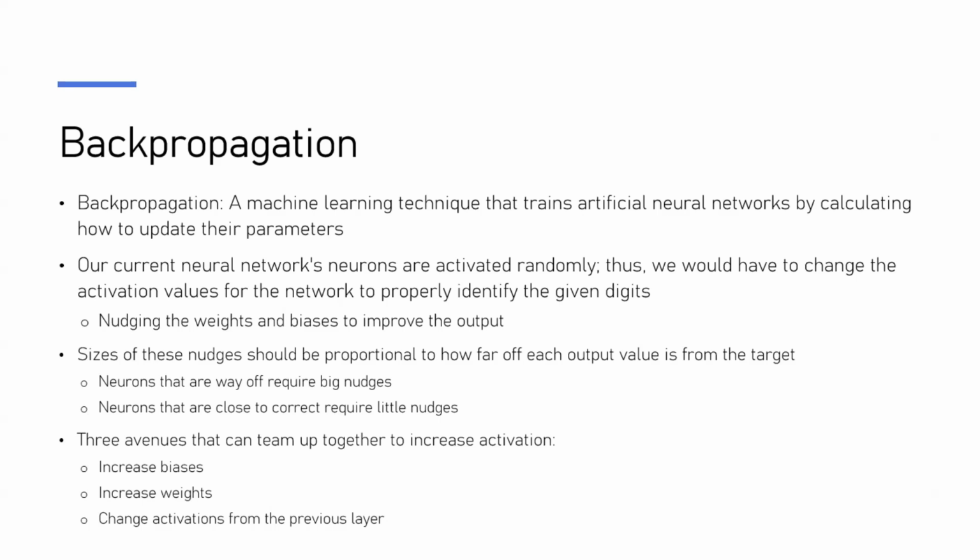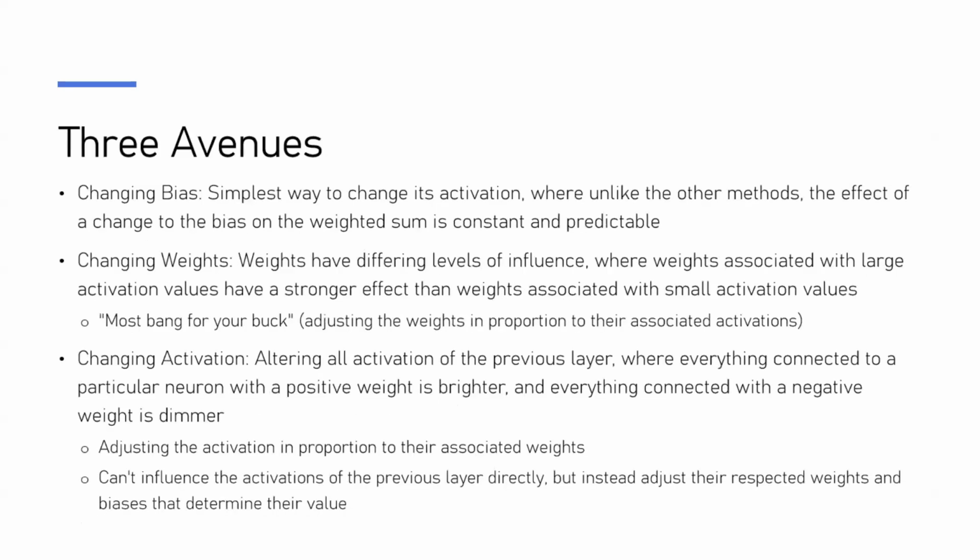There are three values that can team up together to increase activation. They include increased biases, increased weights, and changed activations from the previous layer. When it comes to changing biases, they are by far the simplest way to change activation because, unlike the other methods, the effect of a change to the bias on the weighted sum is constant and predictable.